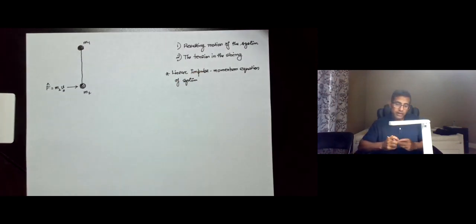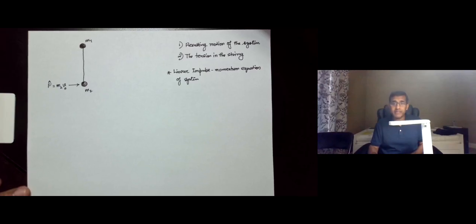Right, so here when we say system, what we mean is, for a system of particles, the linear impulse momentum relation basically says that the net impulse on a system of particles is equal to the change in linear momentum of that system of particles, the change in linear momentum of the center of mass of that system of particles.